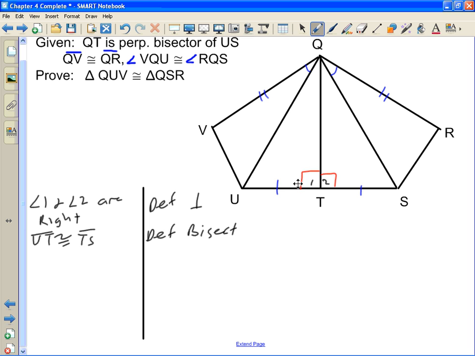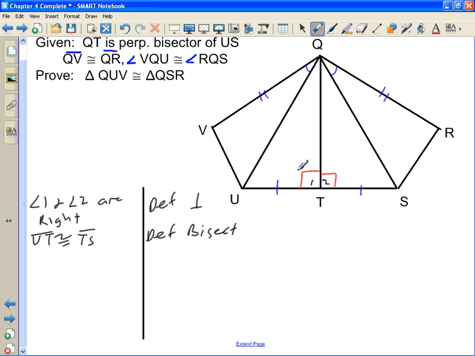So now what I need is to get triangle QUV, this far left triangle, congruent to QSR, which is the far right triangle. So I'm going to need, it looks like if I could get QU congruent to QS, I would have side angle side. One way I could get those is to prove that these two inside triangles are the same. So that's what I'm going to work for.